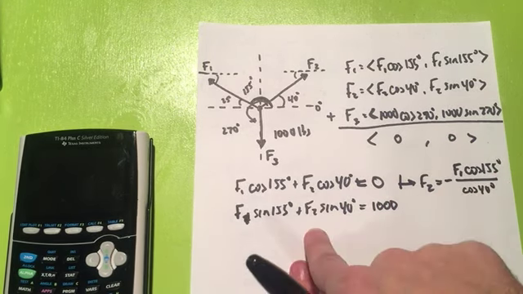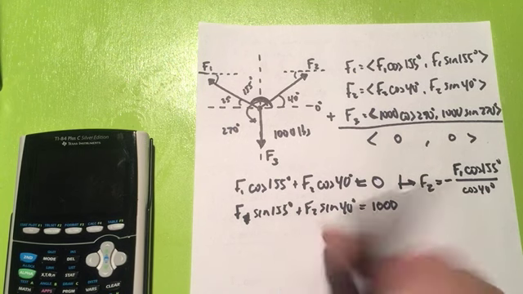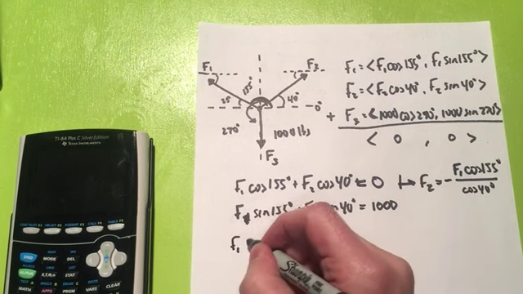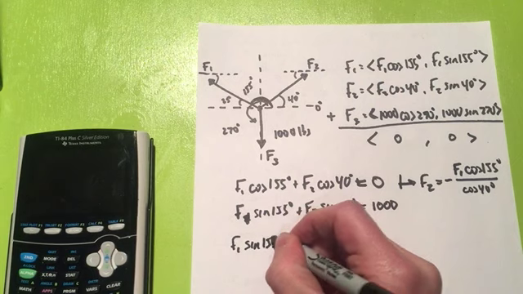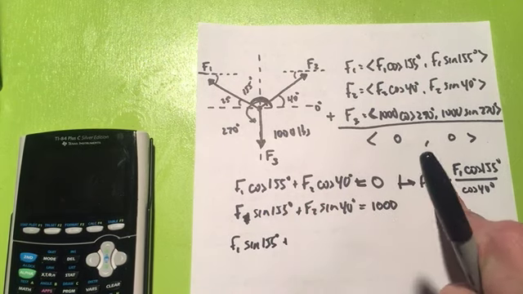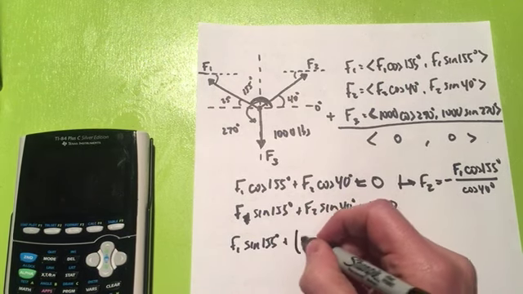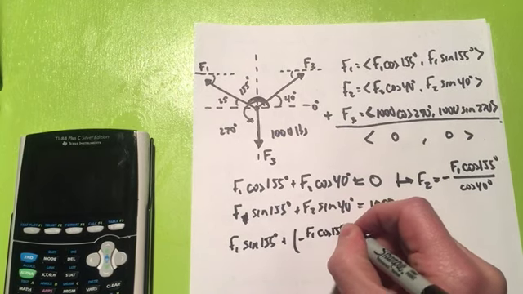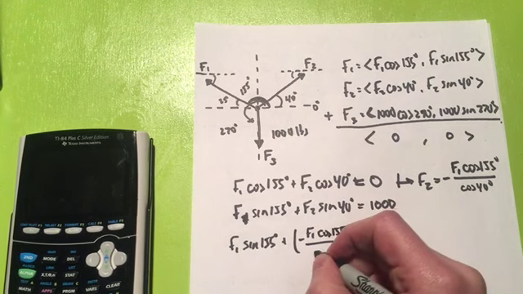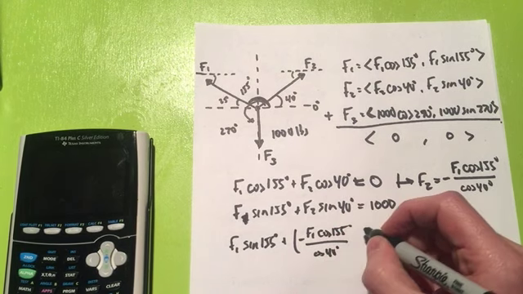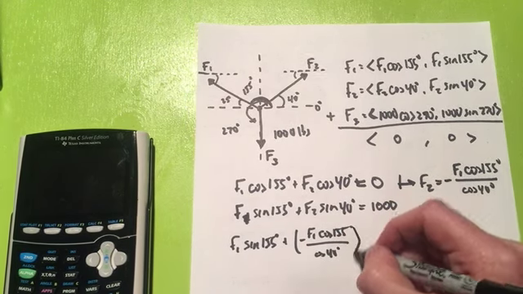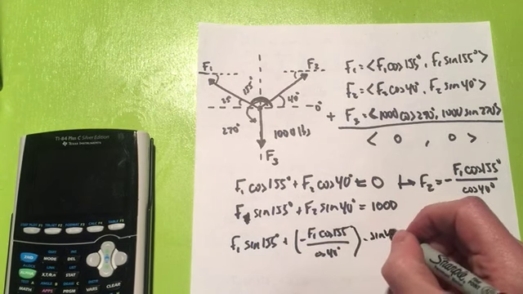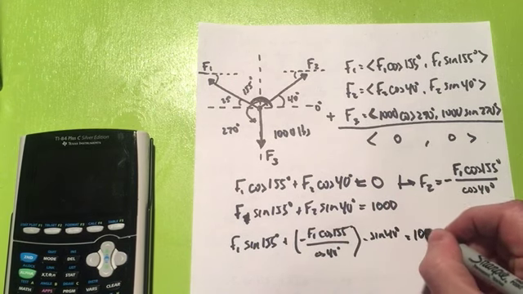I will substitute into the other equation. So we have F1 sine 155 degrees plus F2, which is negative F1 cosine 155 over cosine 40 degrees, I'm going to save my calculations till the end, times sine of 40 degrees equals 1,000.